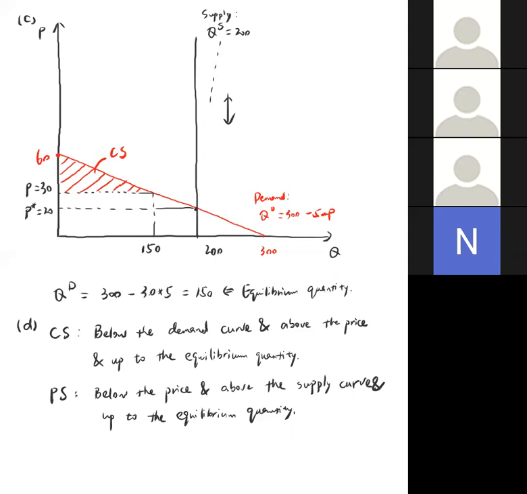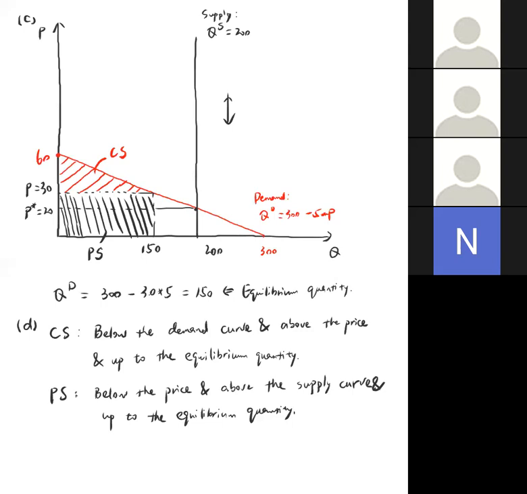And now to find the producer surplus, it should be the area below the price equals 30, but to the left of the supply curve, and also up to Q equals 150. And that gives us this rectangular area in black. Okay, so this is how producer surplus is represented in our graph.